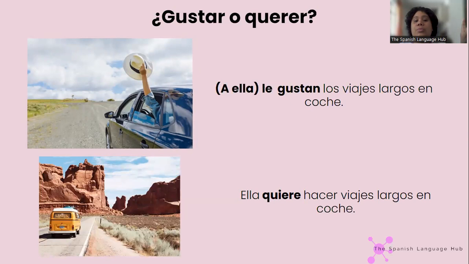A ella, opcional, it could be a ella, a María, a Julia, a Vanessa, etc. Le gustan los viajes largos en coche. She likes long trips by car. Ella quiere hacer viajes largos en coche. She wants, it's a desire, right? She wants to have, let's say in this context, long trips by car or long road trips.